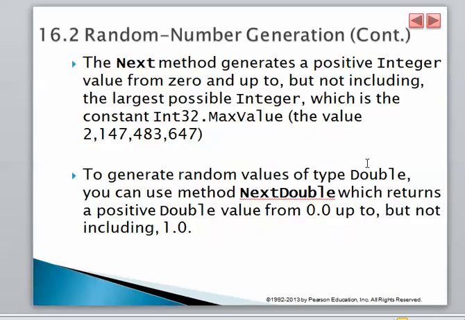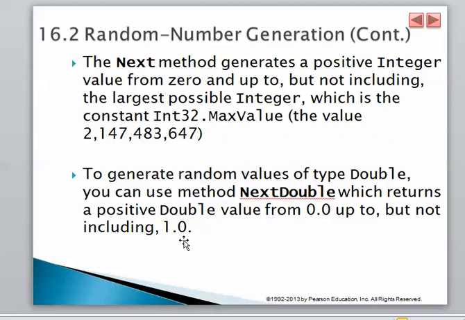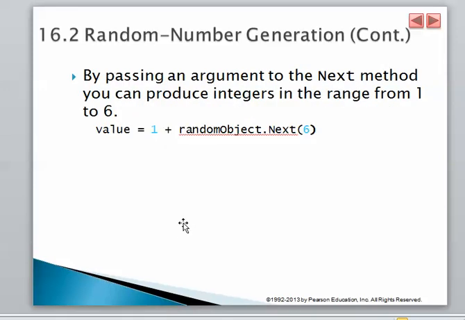Now let's see, if we want to get numbers with decimal points, then we can use the next double method, which is going to get a number between 0 and 1.0. So now here is a good example. We're assuming that we have a variable value.